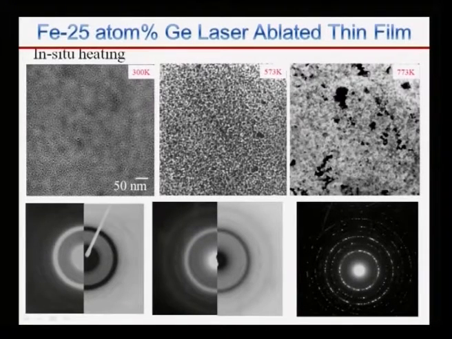That is what you see here. You see this getting changed to this, and finally from 300K to 773K you start forming crystalline things, and you can see it from the diffraction pattern itself. You start forming these black regions, the crystals, signified by this weak ring in the diffraction pattern, and it is fully transformed at 773K.